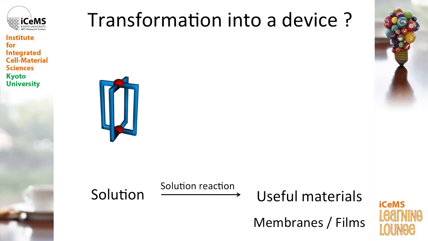So this is very important for integration, but there is something else that you can do with these molecules. This is not dealing with integration, but directly using the solution to transform your material into something you can directly use. In other words, we want to make a reaction in solution to directly have a material that we can touch and that we can use, such as membranes or films, without any other support.